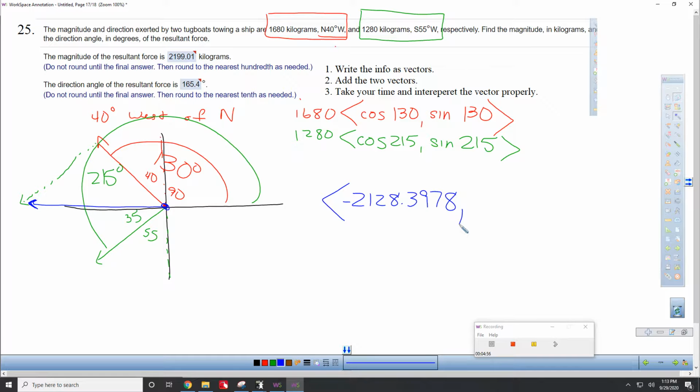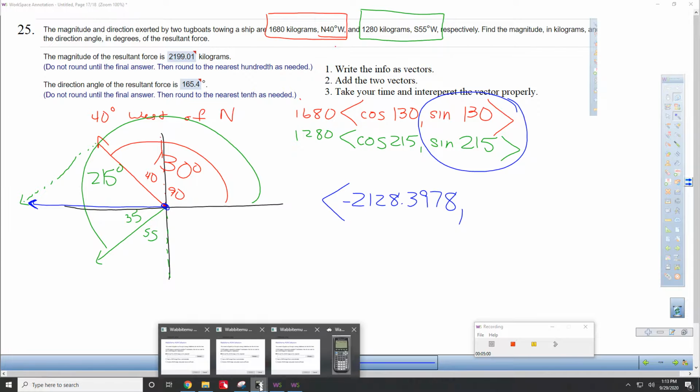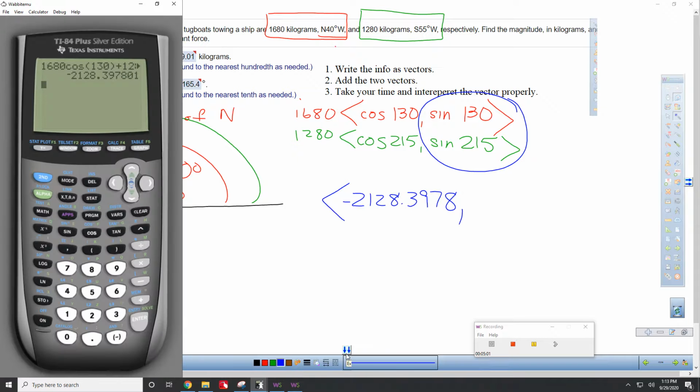Now let's add these terms up back into my calculator. 1680 cosine of 130 plus 1280. Oh, that should be sine. Dang it.